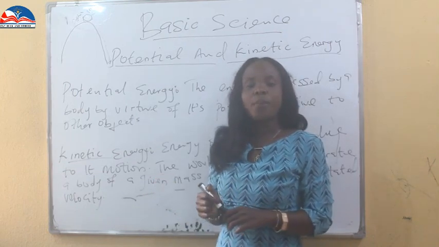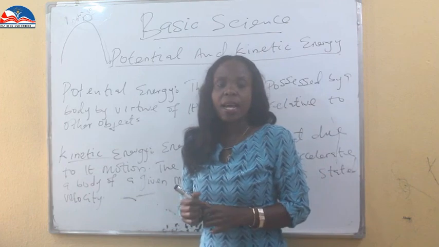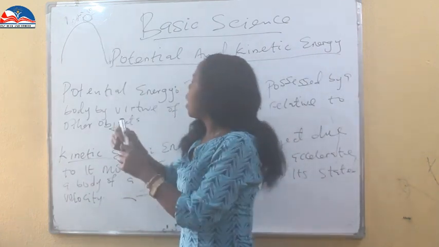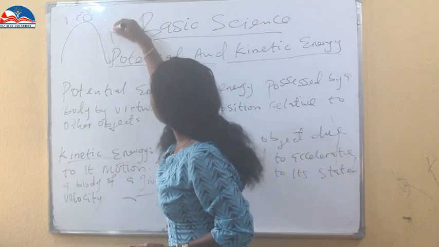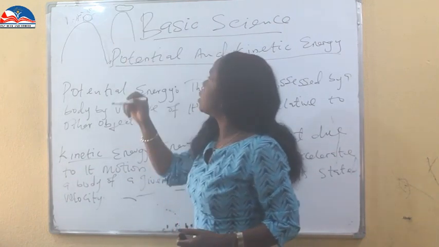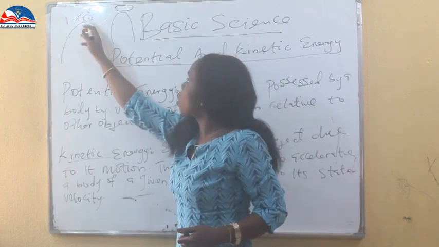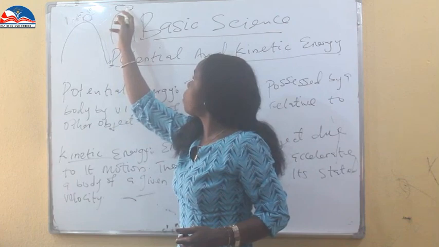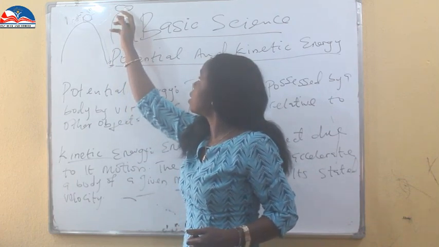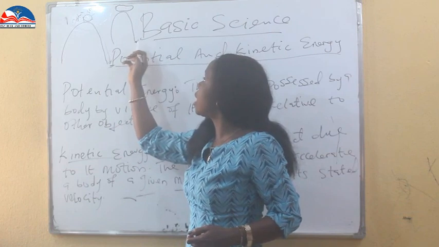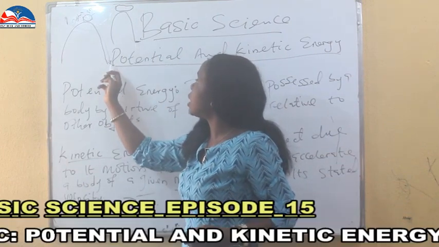Now, objects, some are heavier in size. Let's say this is a stone, and on top of the hill, in another place, there is a bigger stone, bigger than this. You agree with me that when this stone is pushed down, the energy it will possess will not be the same as this one, because this is heavier, this is bigger. When pushed down, it will possess heavier energy, higher energy than this.